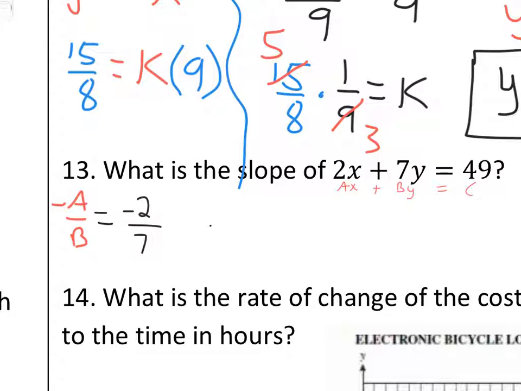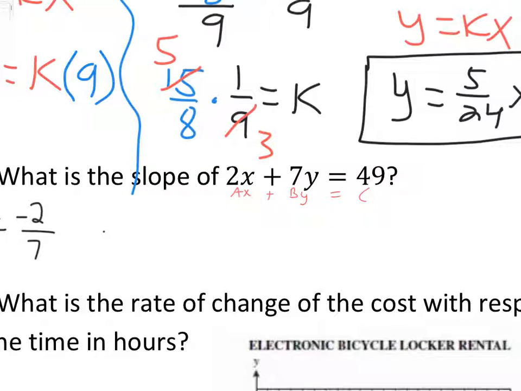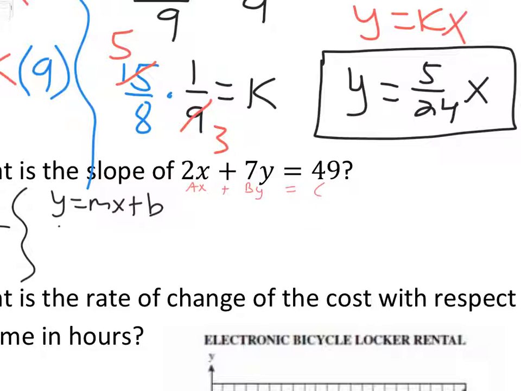So if you take the shortcut, this will equal negative 2 over your b, which is 7. Okay, if you do not want to remember that rule, all we do is take this equation and rewrite it and solve for y to get it in y equals mx plus b. So let me go ahead and remind you that y is equal to mx plus b. Okay, so rewriting this equation down here so we can have a little more room to work, we got 2x plus 7y is equal to 49.